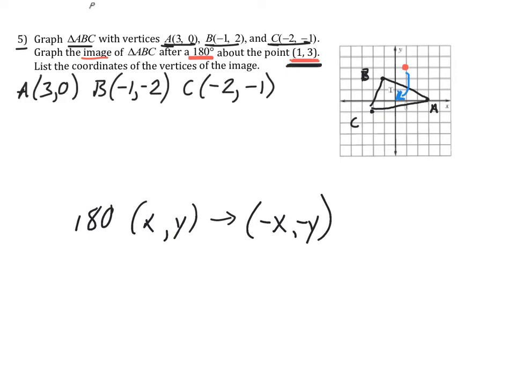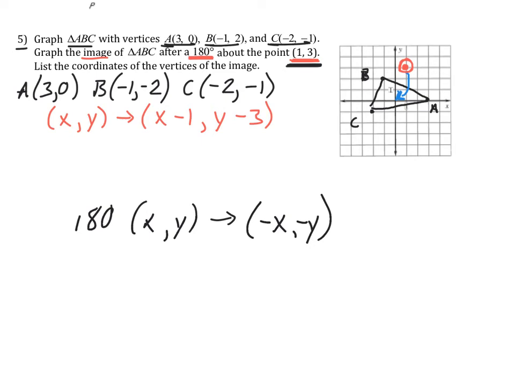So I have my original points A, B, and C. And first thing I'm going to do is translate them so that this center moves to the origin. In order to do that, I'm going to take my (x, y) coordinates and move them 1 unit to the left, and 3 units down.